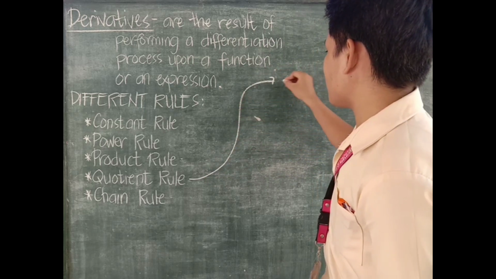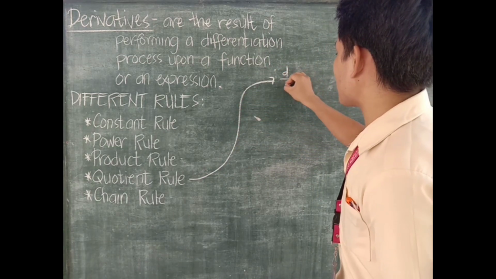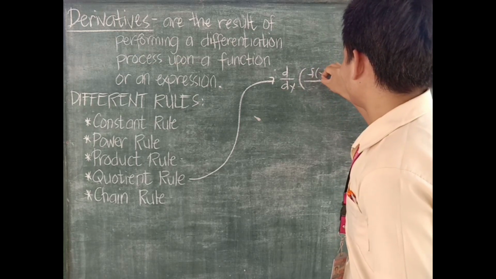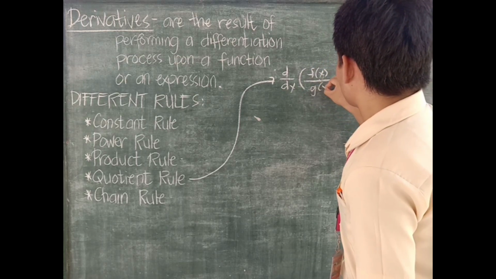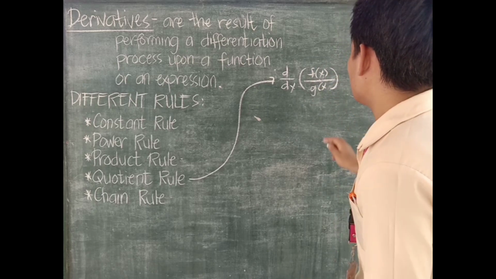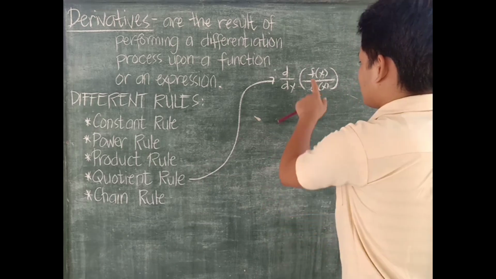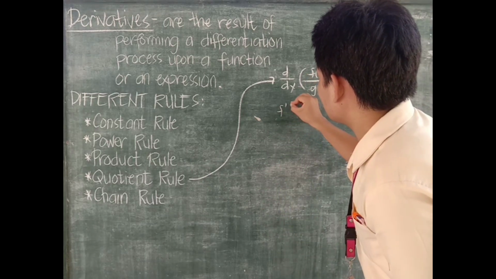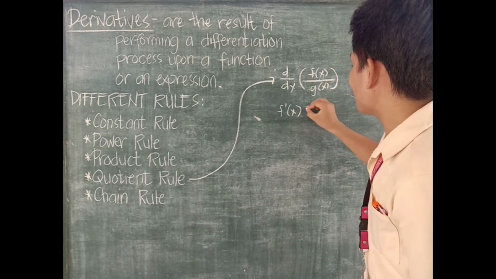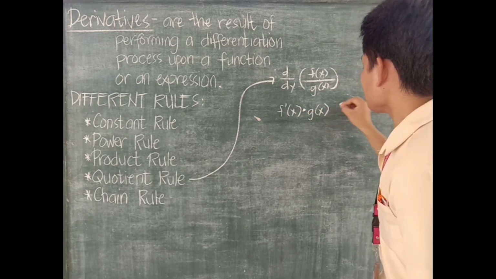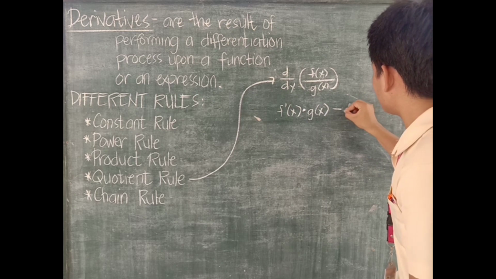Quotient rule, we have here the derivative with respect to x of f of x over g of x. So, to do the process of this one, it's like the product rule: f prime of x times g of x, minus f of x.